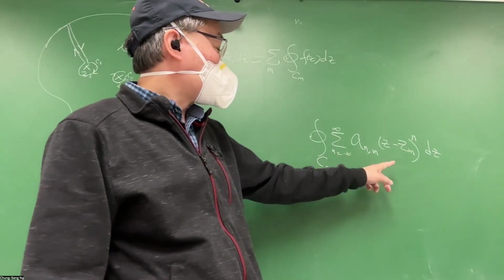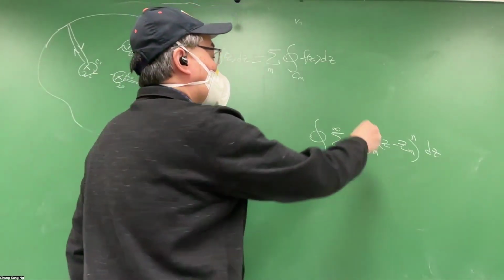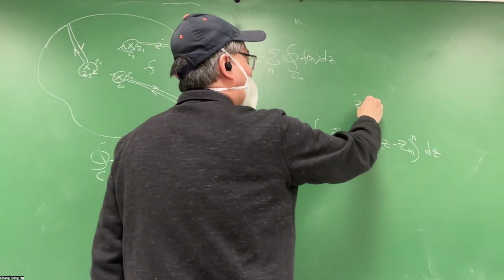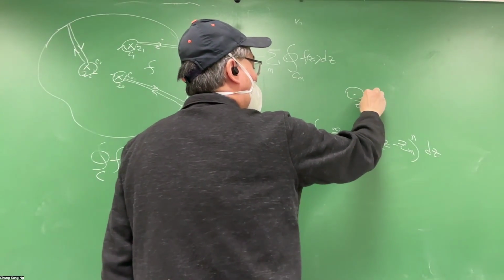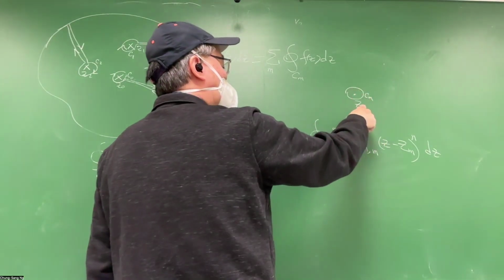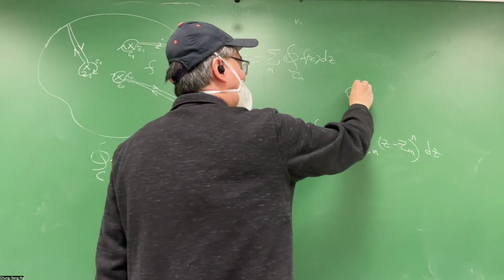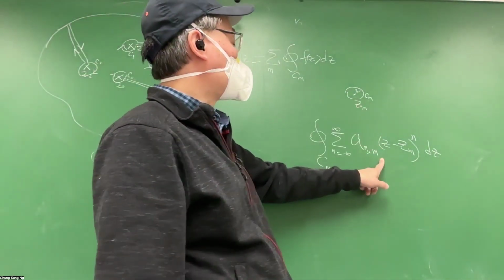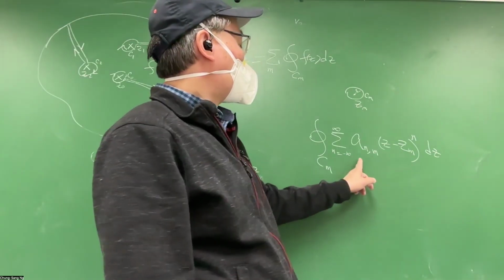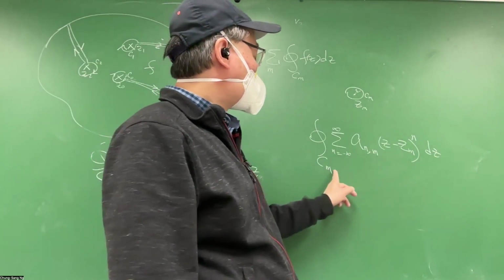So when you do the integration, going around a little circle, C sub m is centered at c sub m with a very small radius delta, and then you can apply the Laurent series. Term by term, what is this?